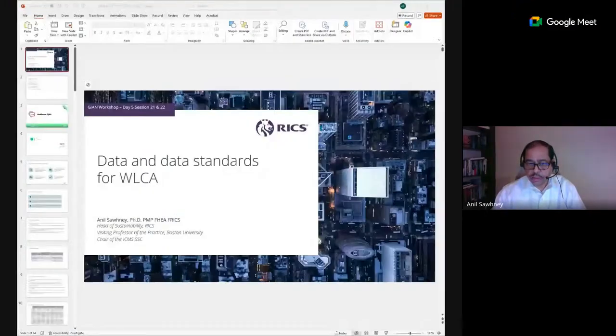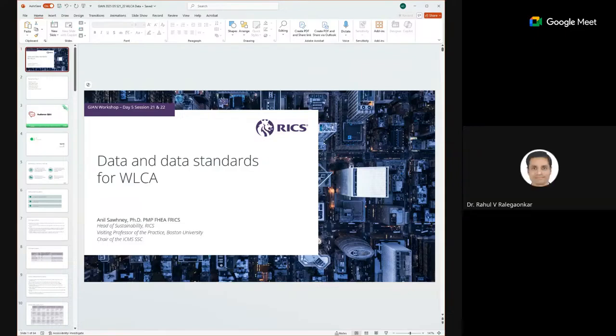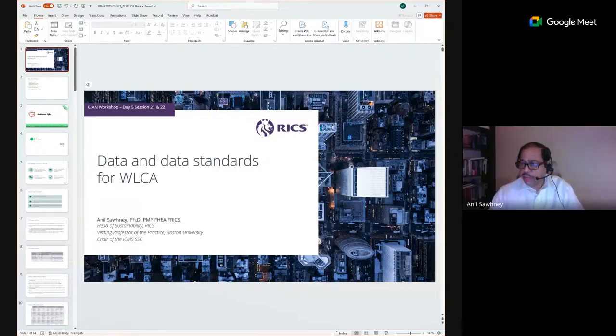I think I may need 2 screens here. Share. Ignore. If I go slideshow, okay. Can you guys see my slides in full screen mode or not? Yeah, it's visible, sir. So should we just leave it like that? For some reason it's not working out. Let's see if I can make it work like this.